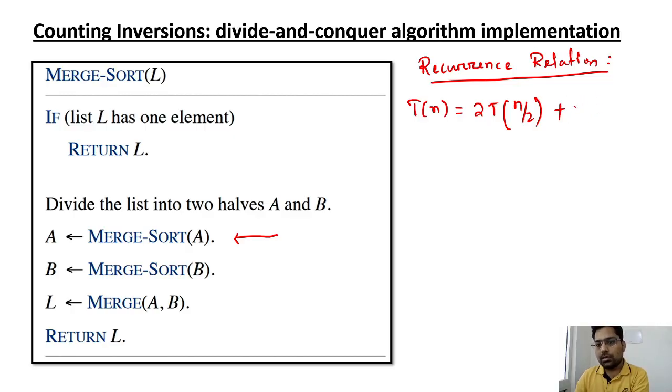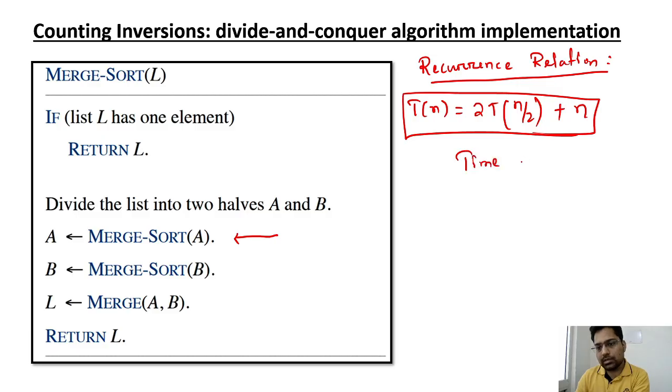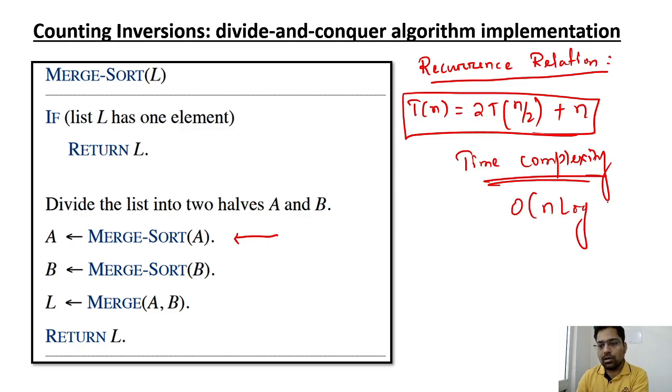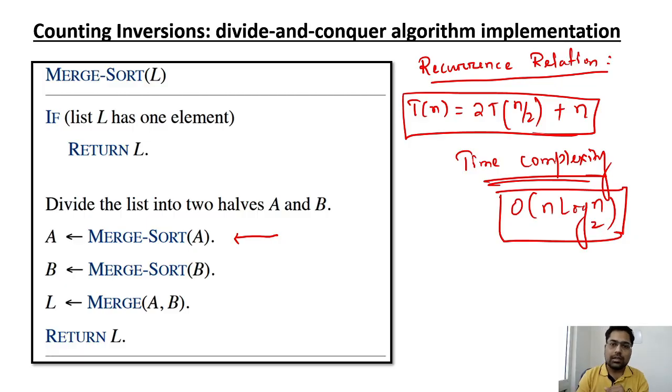Through this we can say the time complexity is big O of n log n base 2, because we are dividing into two halves. That is why the base is 2 here. The halves might even be unequal, but 2 is our main target. That's why we kept it there.